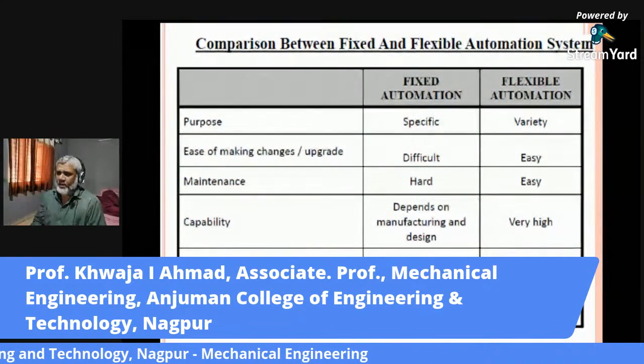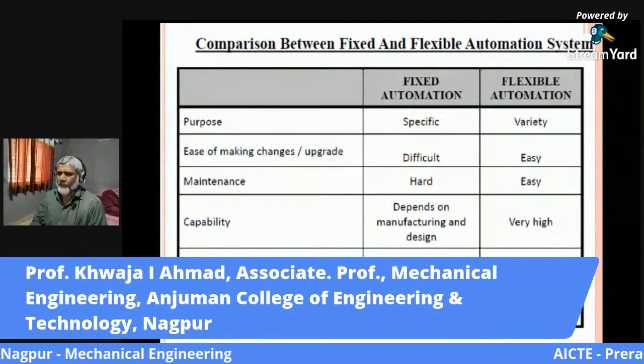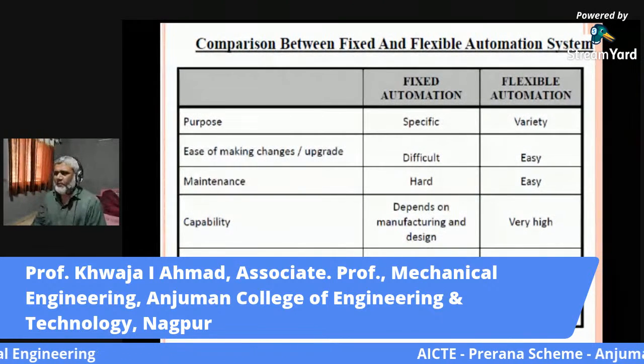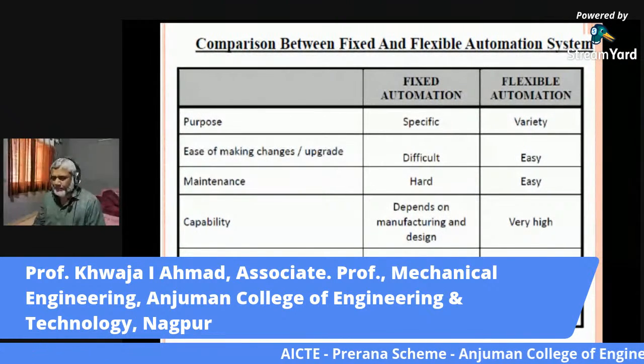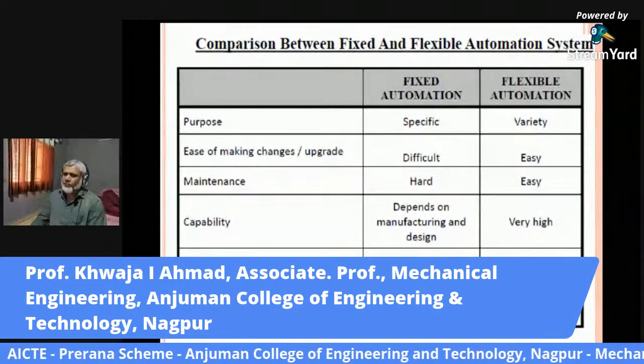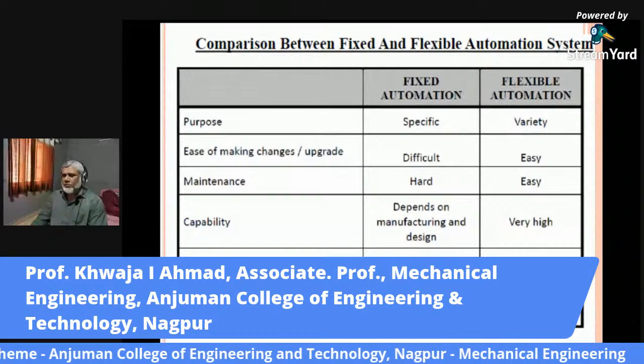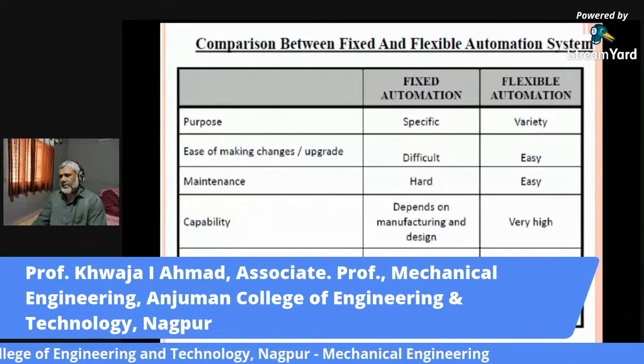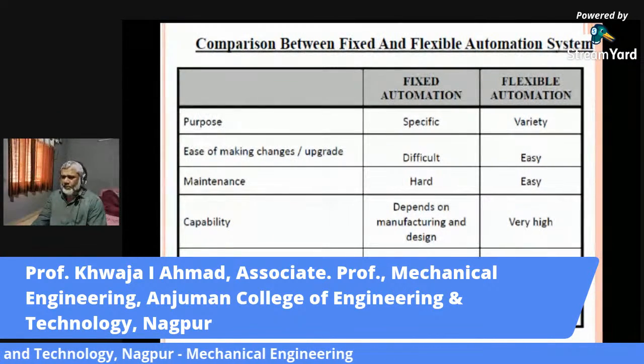So in fixed automation, purpose is specific, whereas in flexible automation, the purpose or product is variable. Ease of making changes and upgradation is very difficult in fixed automation, whereas it is easy in flexible automation.